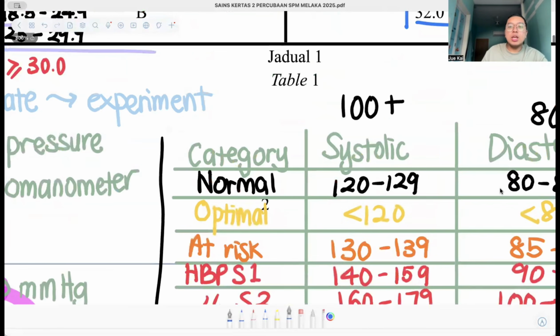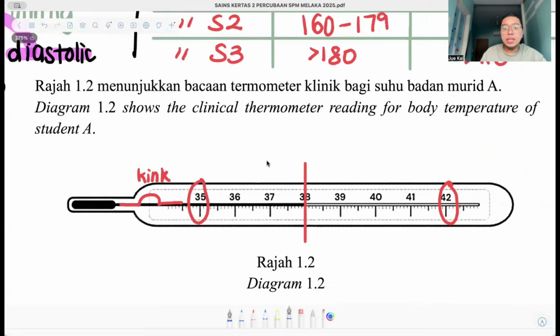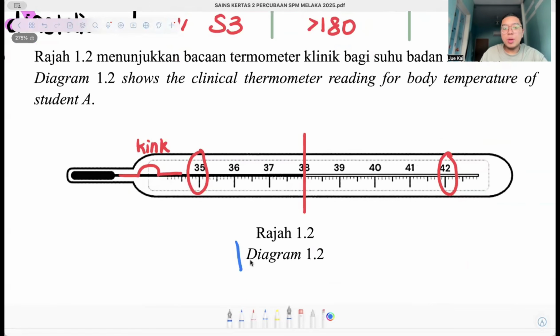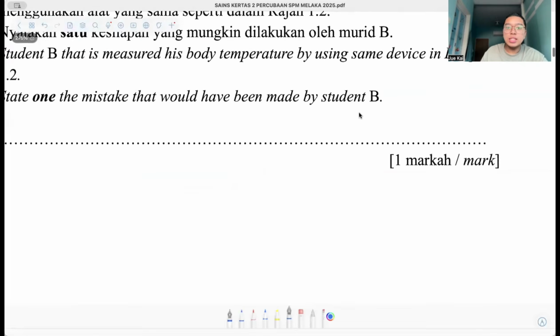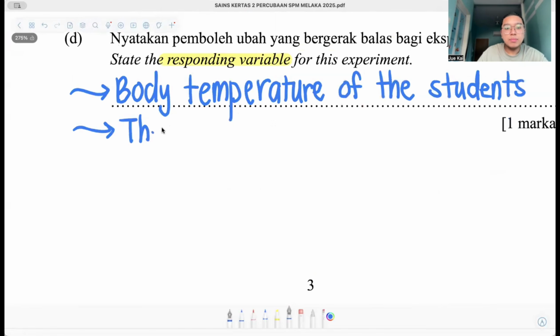So let's see, besides the table, do I have another reading? Yeah, see, diagram 1.2. I have a thermometer, and the thermometer provides me reading. So my responding variable is actually here because it provides me reading. So your answer you can write down thermometer reading.